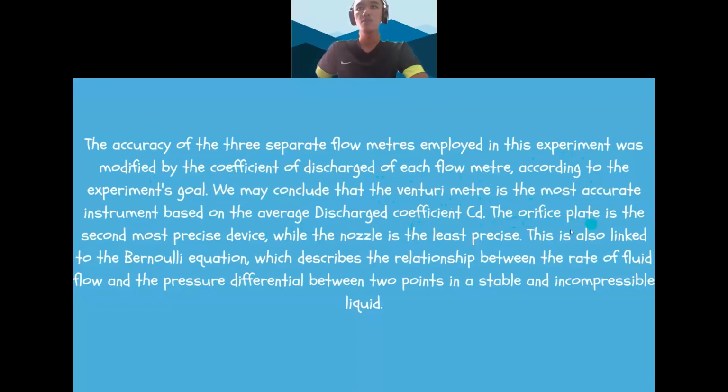The orifice plate is the second most precise device, while the nozzle is the least precise. This is also linked to the Bernoulli equation, which describes the relationship between the rate of fluid flow and the pressure differential between 2 points in a stable and incompressible liquid.